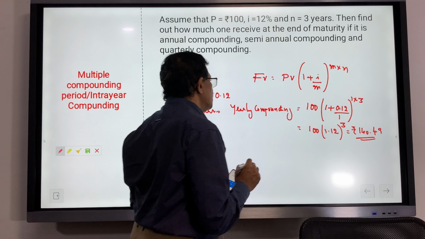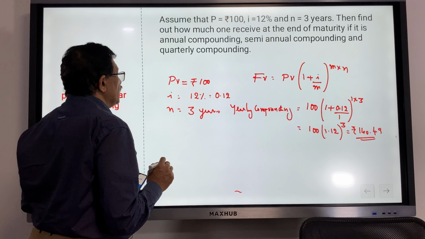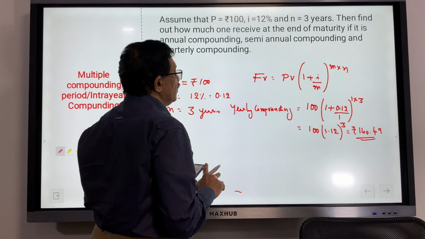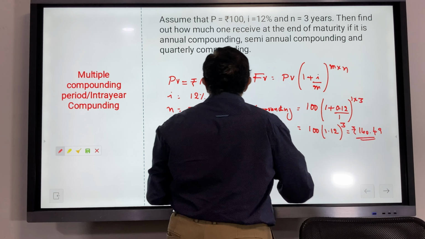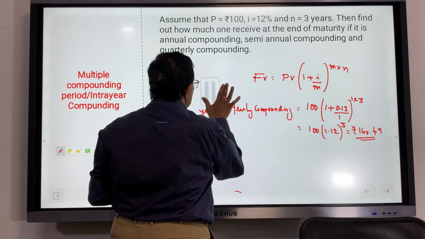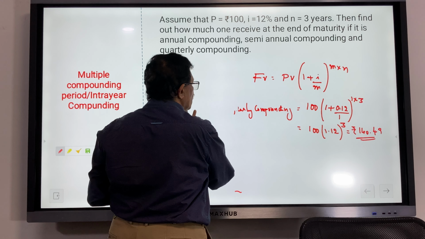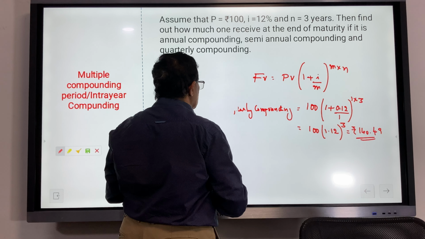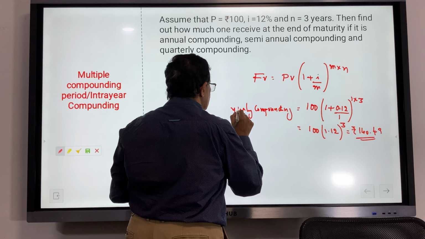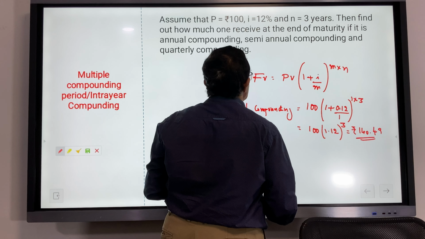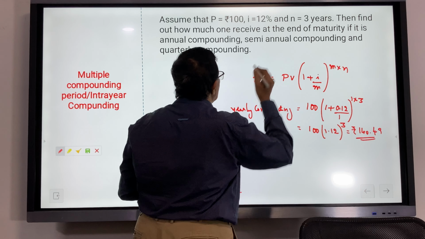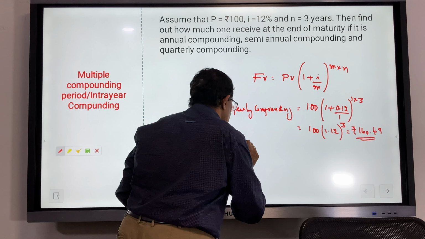If the amount is compounded on a yearly basis. If it is going to be compounded on a half yearly basis instead of yearly basis, or semi-annual, he is asking us semi-annual compounding.